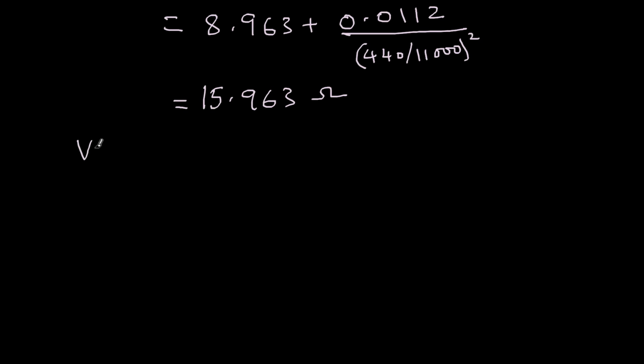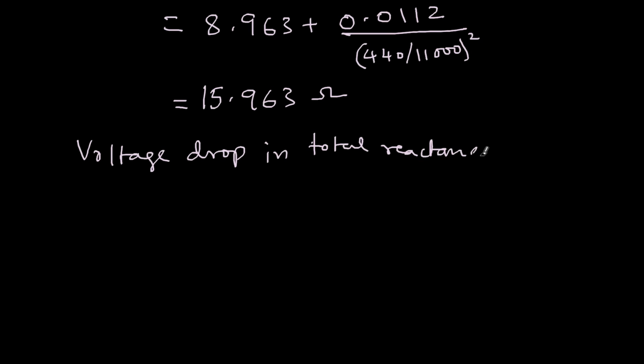So the voltage drop in the total reactance I can write as I1 into X01. I'm sorry, not square, just without square.